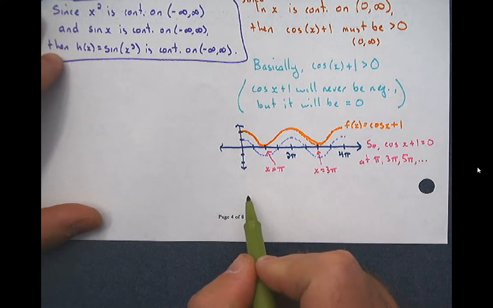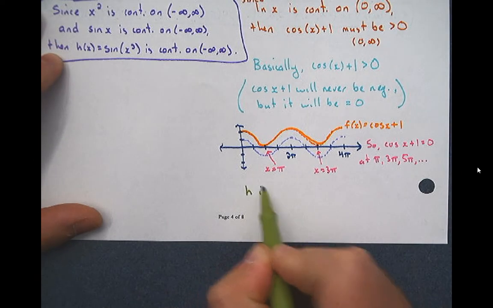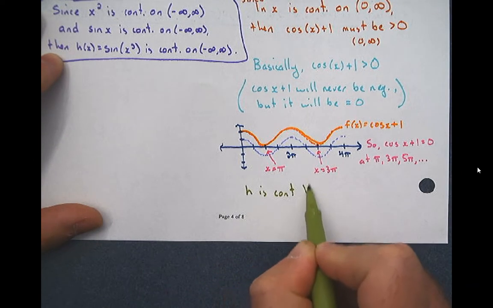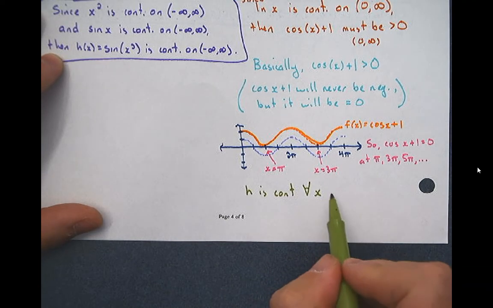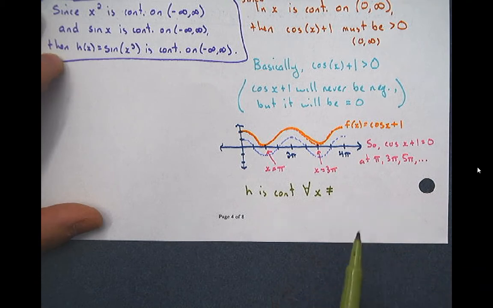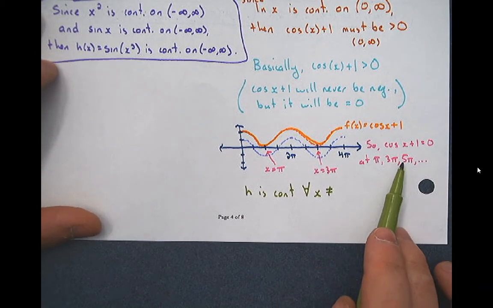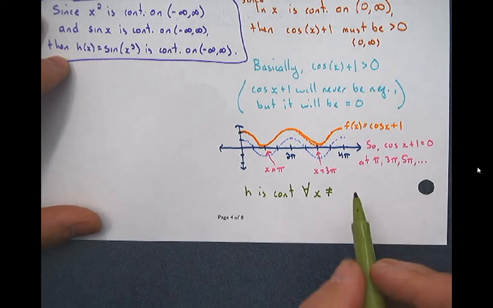So we would say h is continuous for all x that are not equal to, okay, who was bad news? Pi, 3 pi, 5 pi, and so on.